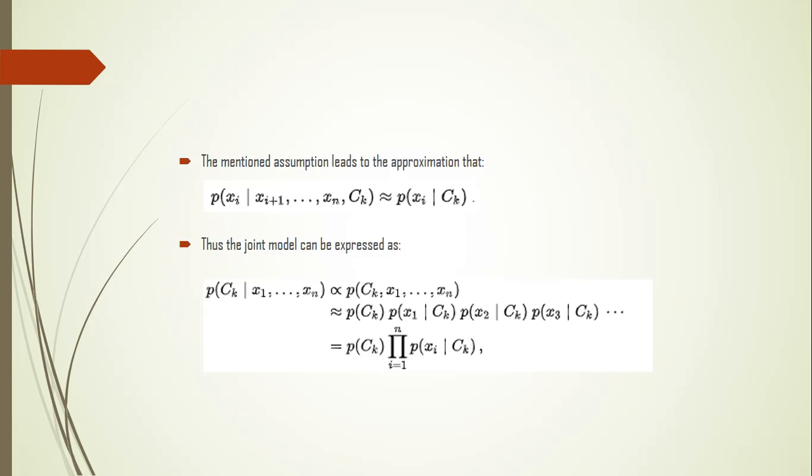Thus, our assumption leads to the approximation that our joint model can be expressed as the product of the probability of Xi given Ck for all words in the document, with i ranging from 1 to n, multiplied by the probability of the specific class Ck. This gives us the probability that the specific word goes in the class Ck or not.